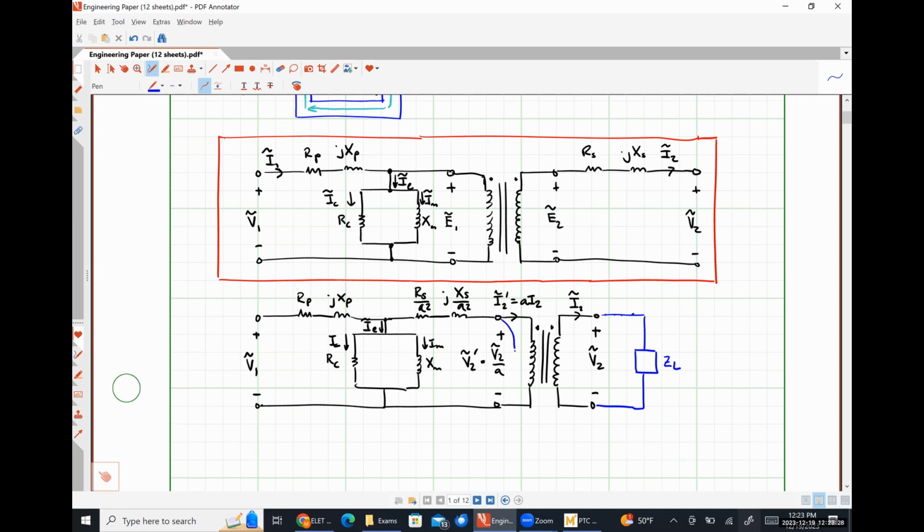And so I would have an impedance ZL prime equal to ZL over A squared over here. And the transformer serves literally no purpose in our equivalent circuit for a practical transformer. It literally does not need to be there whatsoever, which is actually pretty great. Because as long as we can maintain these relationships, we don't even have to think about what the transformer is doing.